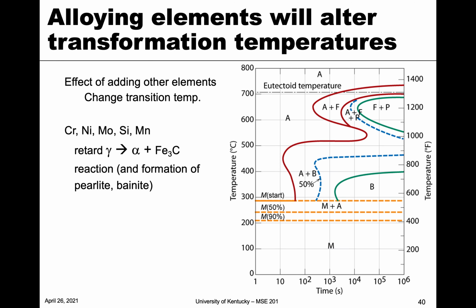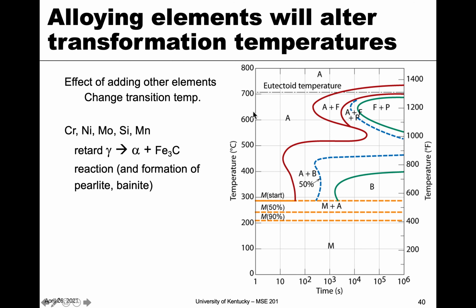Okay, so far we've just talked about iron and carbon. However, as you might be aware, steels have a lot of other alloying elements in them. And so here we're going to talk about what that does to them.